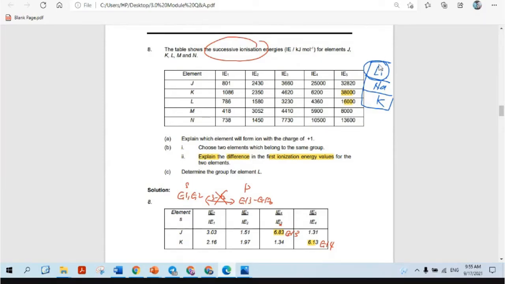So based on here, K and L. How do you explain K and L? Of course, you have to explain in terms of the position. Which one has higher position in the periodic table, K or L? K. Yes, very good.